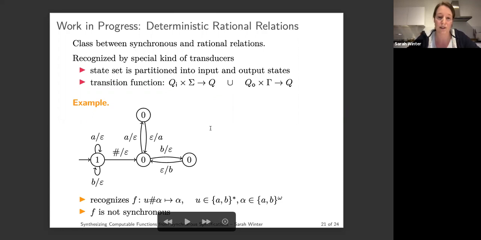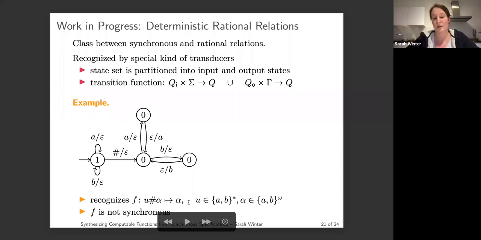This automaton already recognizes a function. What does it do? It produces no output and waits for the symbol sharp, and then the output is simply copied. A is copied, B is copied. So it recognizes the function where we wait for the sharp and then copy the remainder of the input.